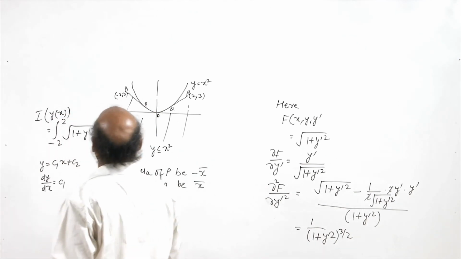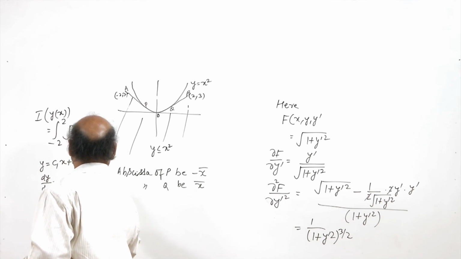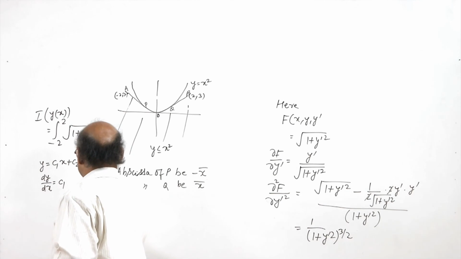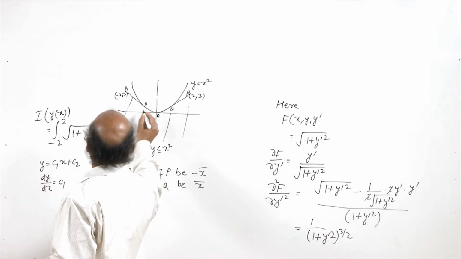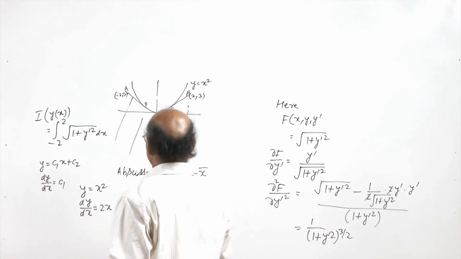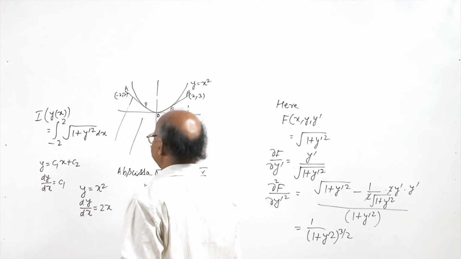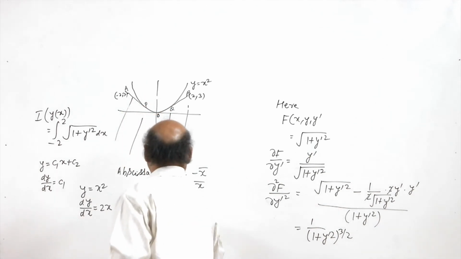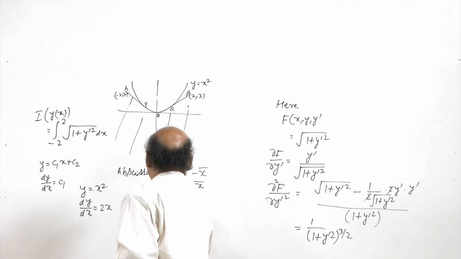At the point y is equal to x square, at the point of contact the slopes must be the same. So dy by dx will be equal to 2x, and therefore at the point of contact x bar at Q, we will have 2x bar is equal to C1.